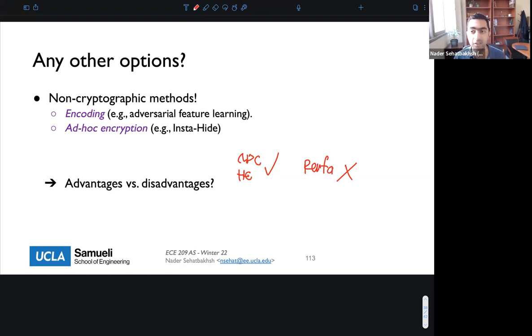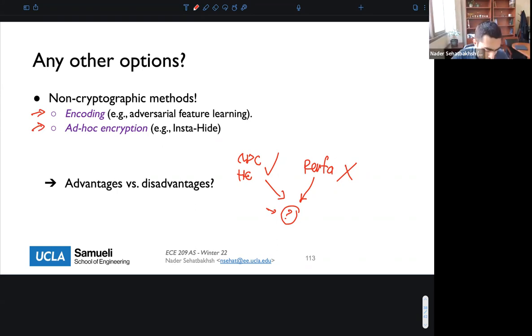So in order to make these useful in real cases, we need to find a common ground, a nice trade-off between the two, where maybe we can leak some information, or in some cases it's secure to do so, but on the other hand achieve significantly better performance. So the ideal solution sits somewhere in between, and a good compromise of these two might be a good solution. And that's the major motivation for these non-cryptographic ad hoc methods.